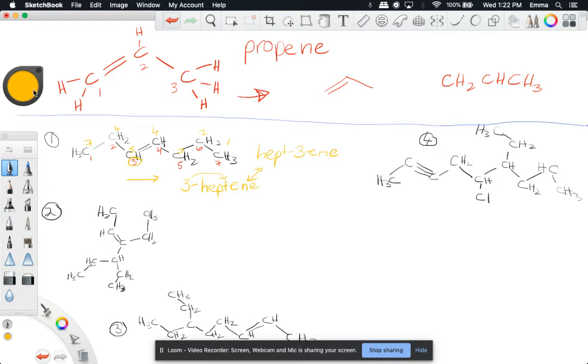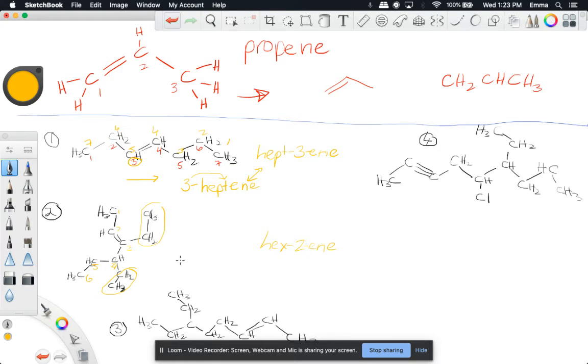So for the second example down here, we want to label the backbone so that we have the lowest number on that carbon. So 1, 2, it would be 2 there, 3, 4, 5, 6 carbon backbone. So that's a hex. My second carbon has the double bond, so I'm going to put hex and then 2-ene. And then we label the side groups. I have a 2 carbon side group and a second 2 carbon side group.